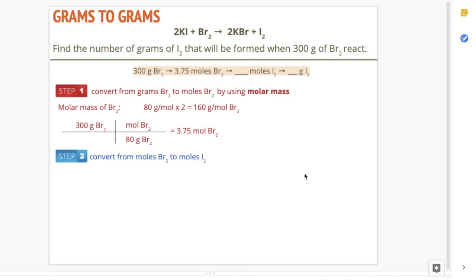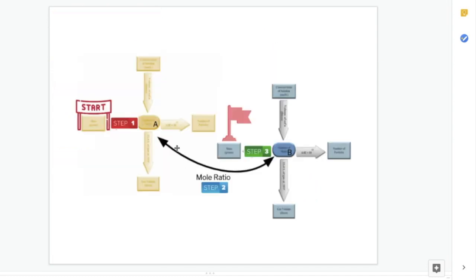So step 2 from our chart told us that we next need to convert from moles Br2 to moles I2, as it says here. So how can I convert from moles to moles? Let's look. We just did step 1. We're here: mole to mole, use the mole ratio.